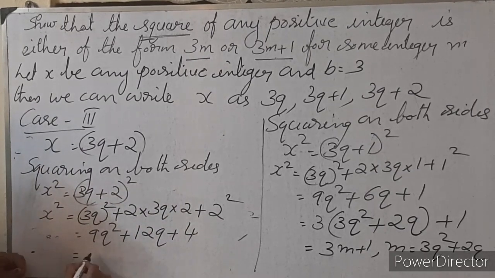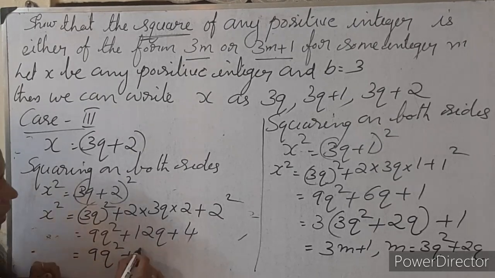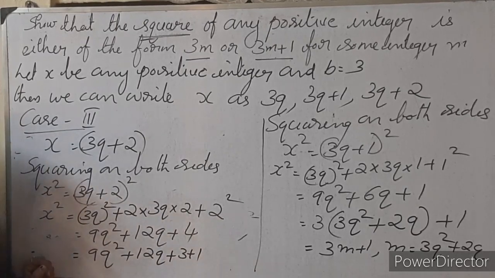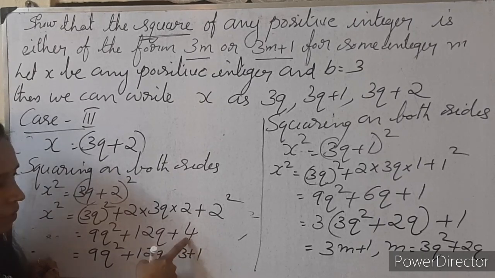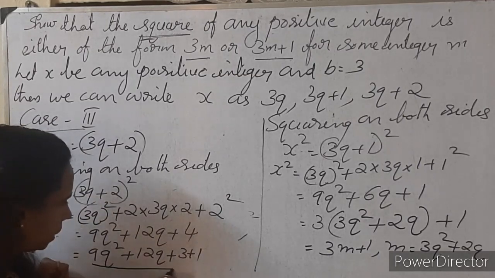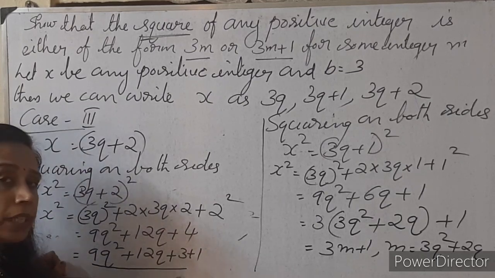Now again I am going to rearrange. That is 9q square plus 12q plus 3 plus 1. I have written this 4 as 3 plus 1. Among 9q square plus 12q plus 3, we can take 3 outside as the common factor.